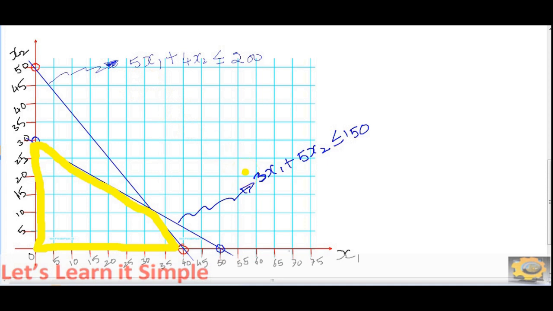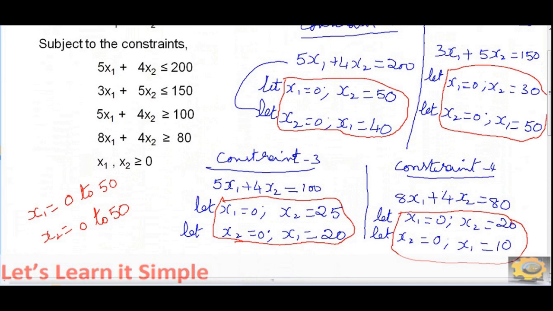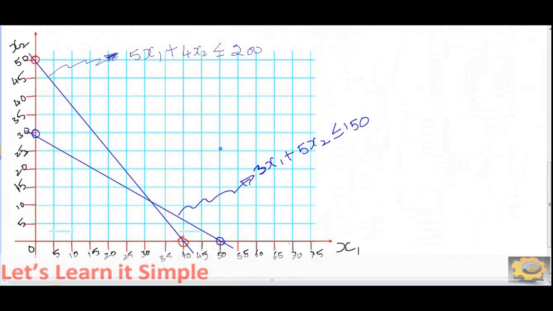Why? Because in the first two constraints, you can see it is a less than or equal to symbol, which means from the line we need to look for the solution towards the origin.